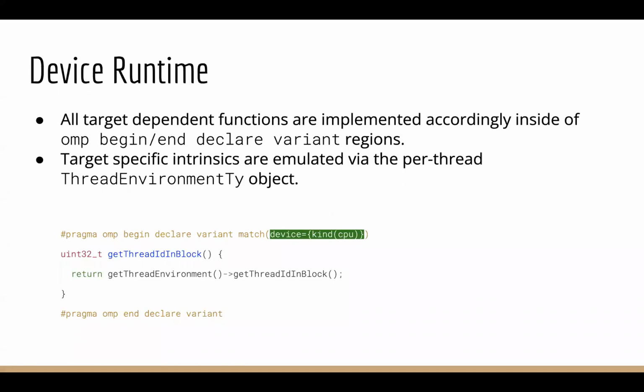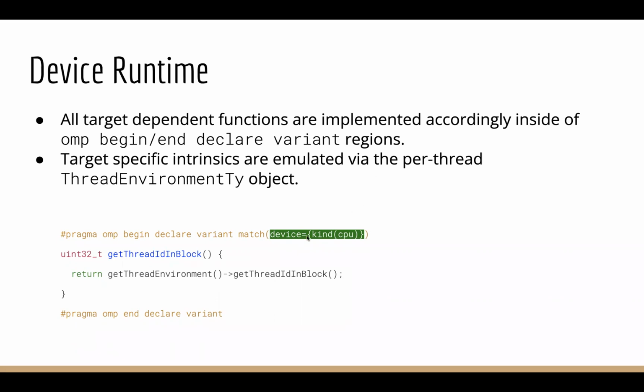The device runtime is the next one we have to take care of. Thanks to our previous work to write the LLVM OpenMP device runtime in OpenMP, we can now use the OpenMP compiler to compile the device runtime. That was impossible before, because the device runtime was previously written in CUDA and HIP, and it obviously could not be compiled for host execution. And we definitely have some target-dependent functions. Those functions are implemented accordingly inside declare variant regions.